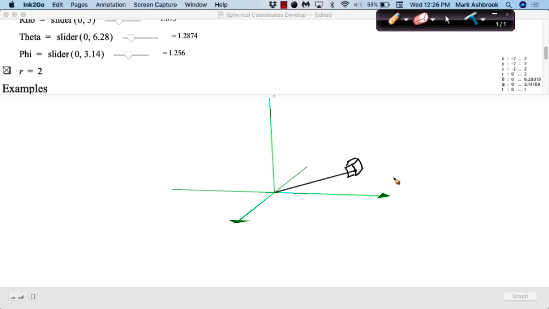So this is our little dV element, right? And we've got to figure out what d rho, d theta, and d phi are. It's kind of the projection of that thing in the xy plane.